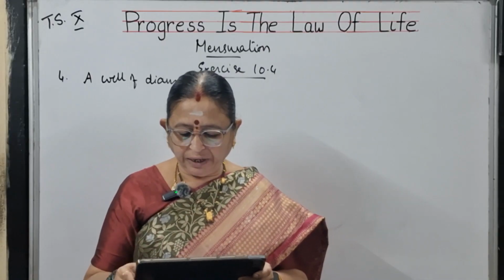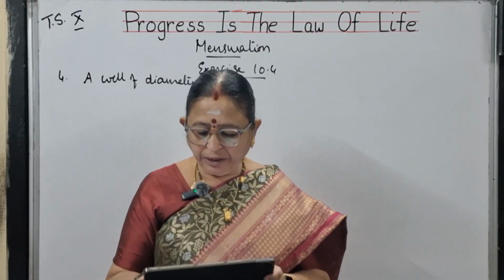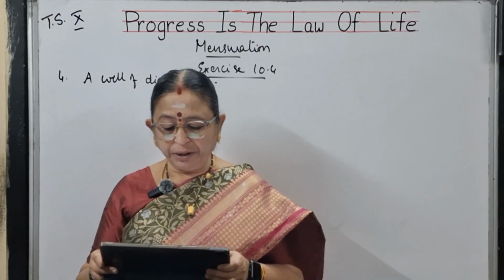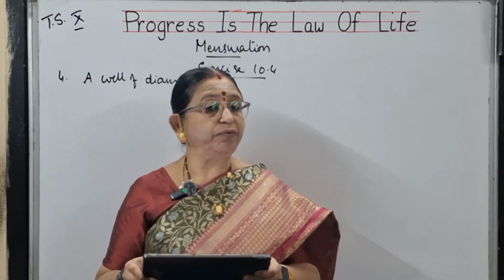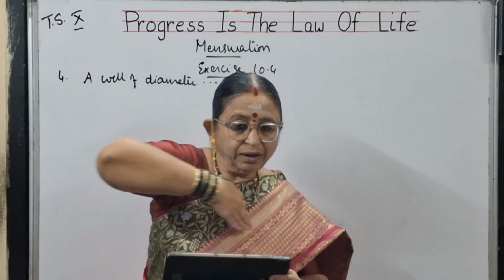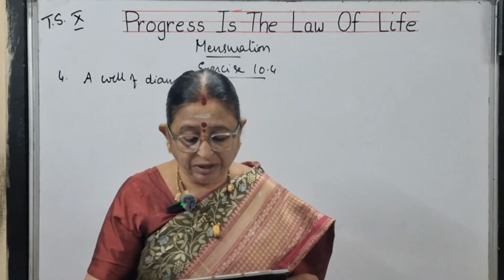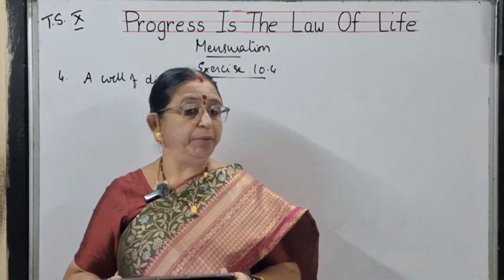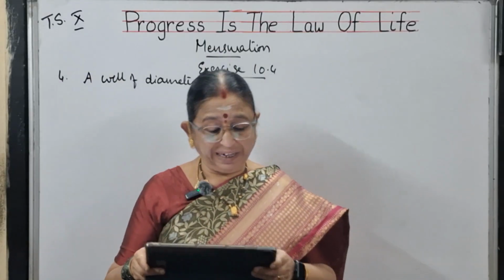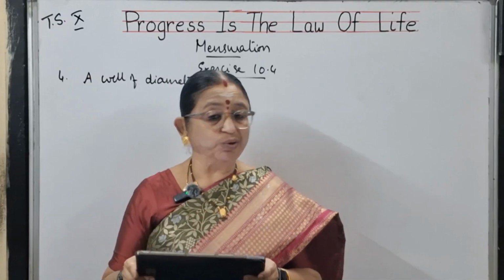The earth taken out of it has been spread evenly to form a circular embankment all around the well of width 7 meters. See, there is a well, and around the well they will make a platform, that is called an embankment. Usually people use that for cleaning utensils or washing clothes.